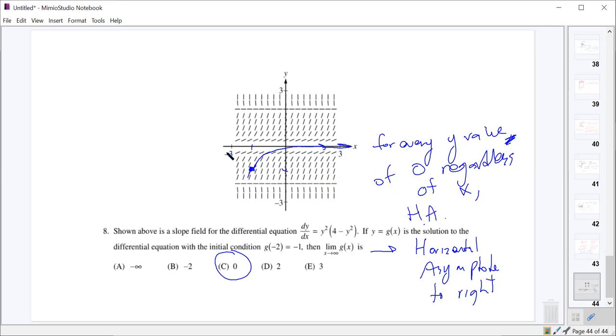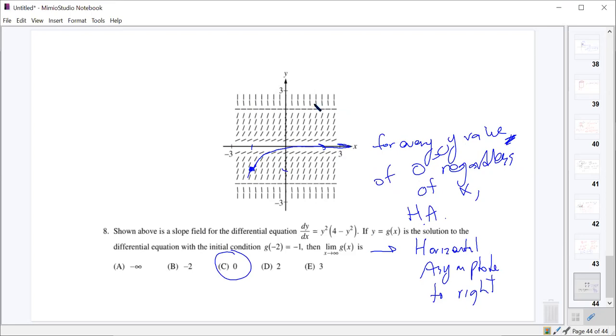And so if the y value is 0, right, the slopes are all 0 there, then that's a horizontal asymptote. Same thing up here. Regardless of the x values, there is a horizontal asymptote up here of y equals 2, right?